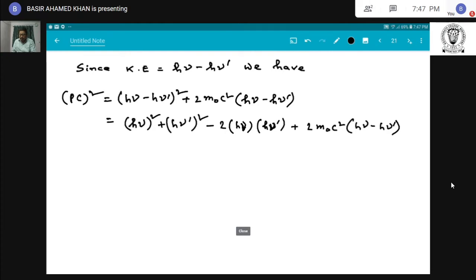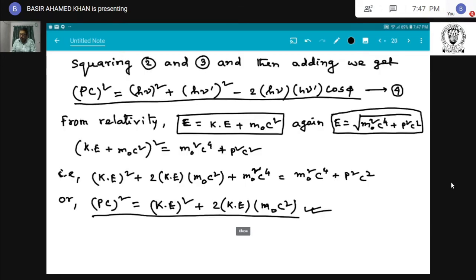Now in the left hand side, this is (PC) whole square. Here in equation 4 we get (PC) whole square equal to this.